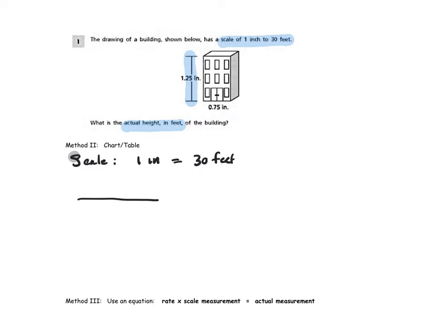So if I used a table, you might recall that this would be the x and this would be the y. And so if we called this the inches and we called this feet, if we wanted to find a unit rate, we would take the y value divided by the x value.